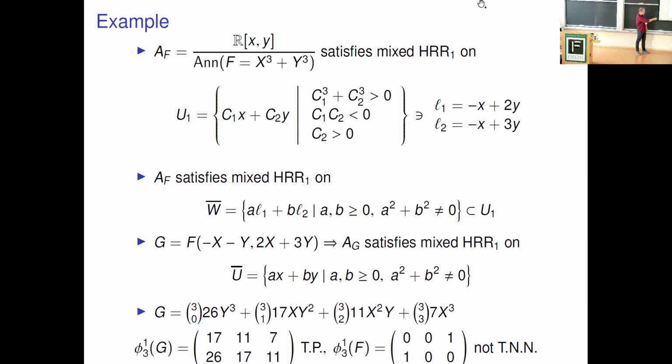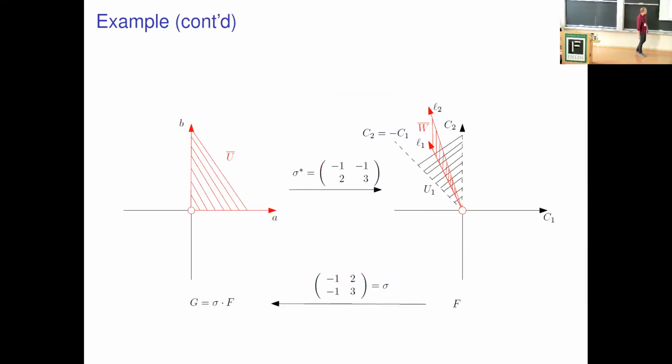And here's G, and you can check its phi13 is totally positive. So even though phi13 of F wasn't totally positive, you can make it totally positive because of mixed Hodge-Riemann. Here's a picture.